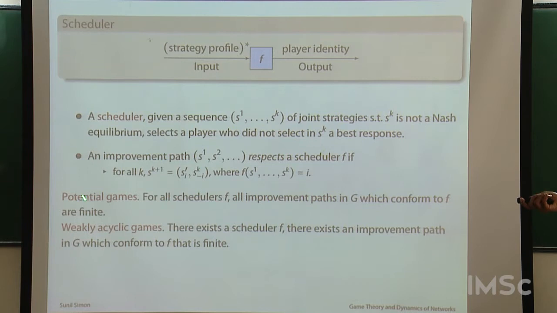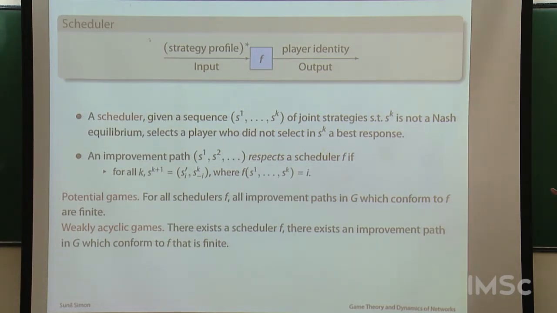So what does potential games mean in this setting? It says for every scheduler, for all improvement paths in this game which conform to the scheduler, these are all finite. That's what potential games mean, right? What are weakly acyclic games? Well, you just change the quantifier. There exists a scheduler, there exists an improvement path which conforms to the scheduler, and that's going to be finite.